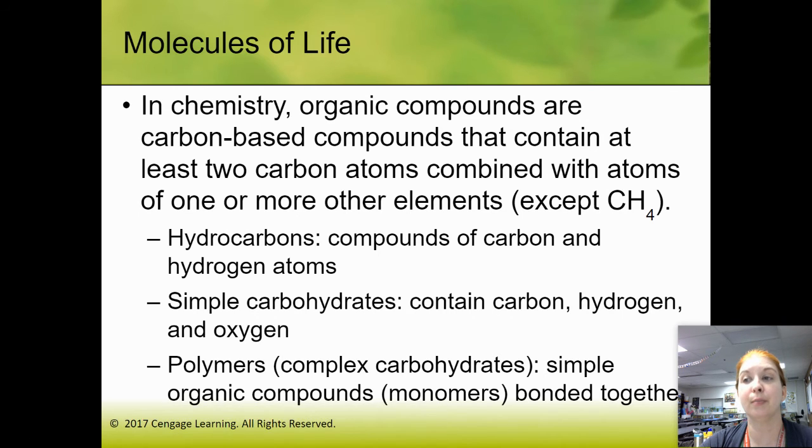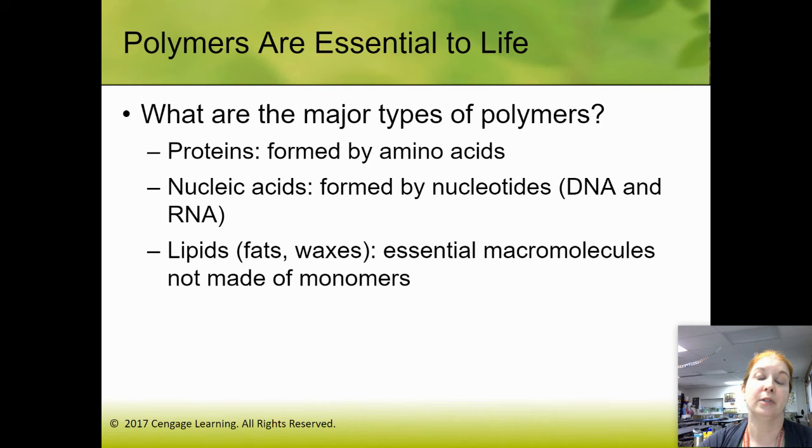And these are going to be simple organic compounds bonded together. Polymers are essential for life. So major types, we have our proteins formed by amino acids, nucleic acids formed by nucleotides, DNA and RNA, and then lipids, your fats and your waxes, which are made up of essential macromolecules.